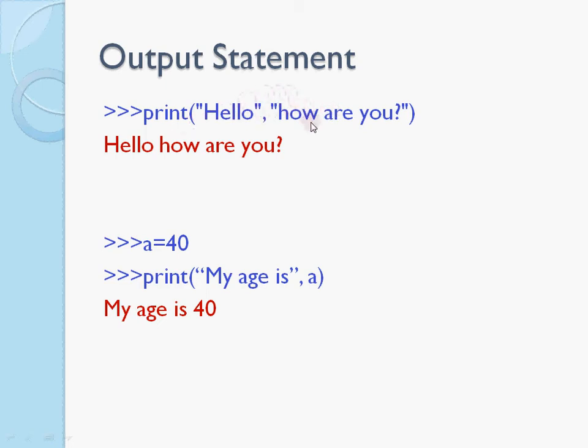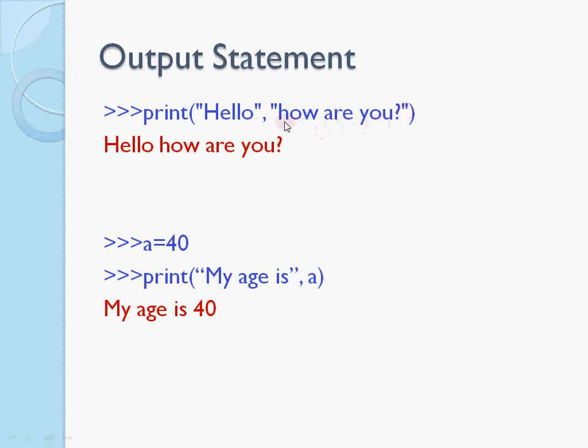How do we say that there are two strings here? This string, hello, is enclosed within double quotes. So this is one string, and we are using a comma to separate that it is a different object. Next, again a string enclosed within the double quotes, that is how are you.